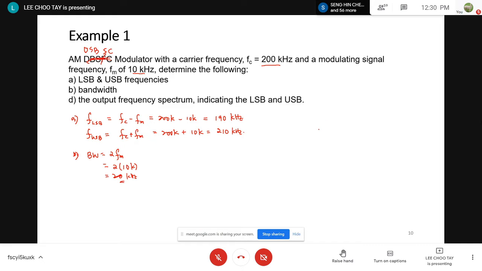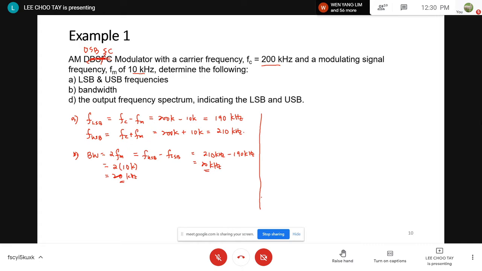You can also find the bandwidth by taking the upper sideband frequency minus the lower sideband frequency: 210 kilohertz minus 190 kilohertz, which gives the same answer, 20 kilohertz. Very simple maths.